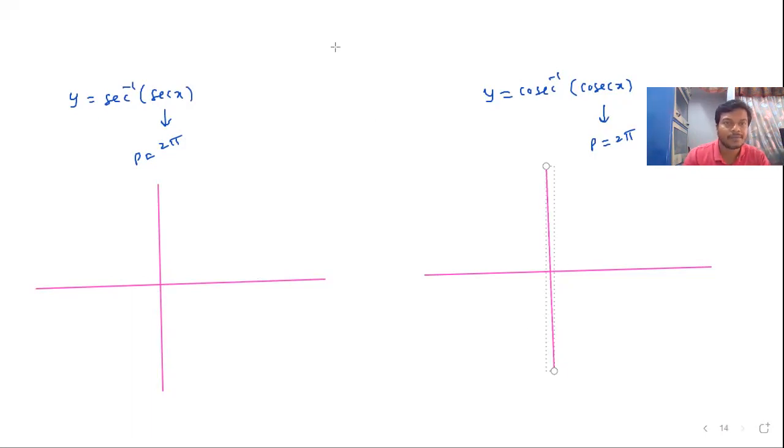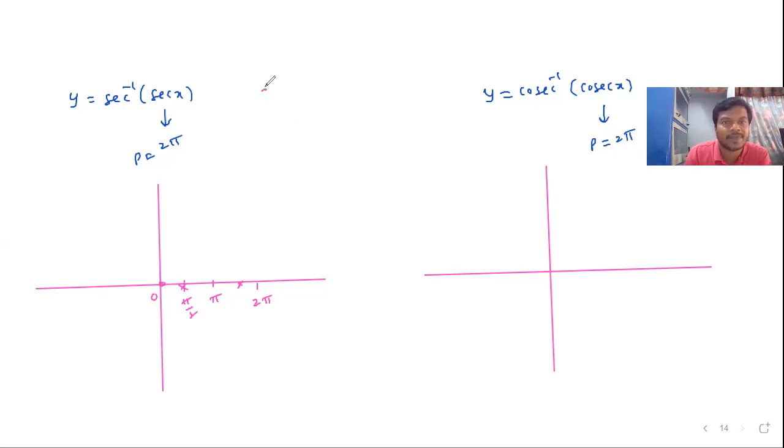See, it is not defined at x equal to pi by 2, or for all odd multiples of pi by 2, actually. Next, 3 pi by 2 not defined, then 2 pi. Secant inverse of secant x. First, when you write 0, this is 0. Why?